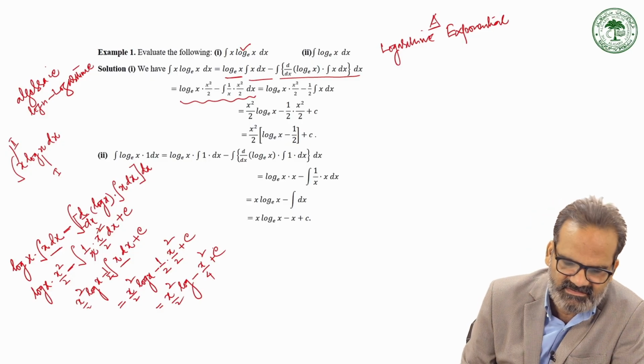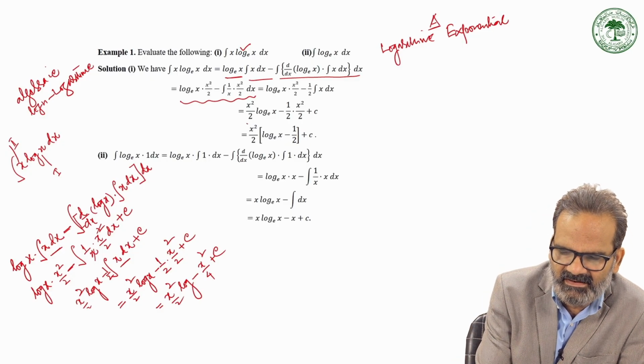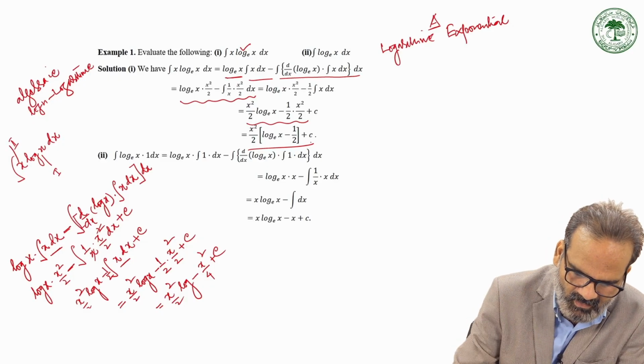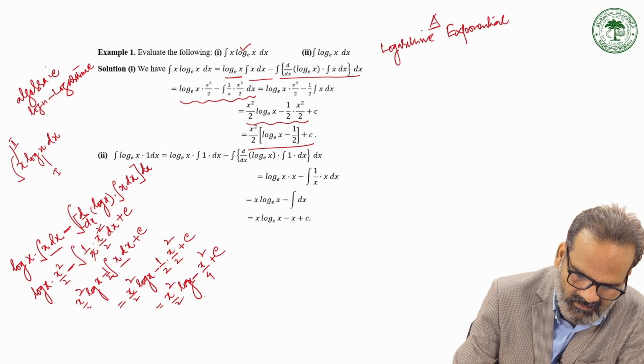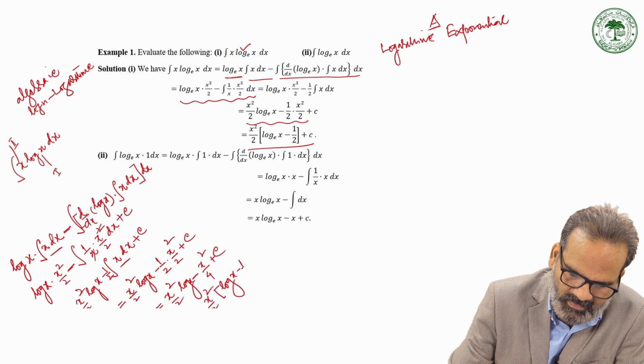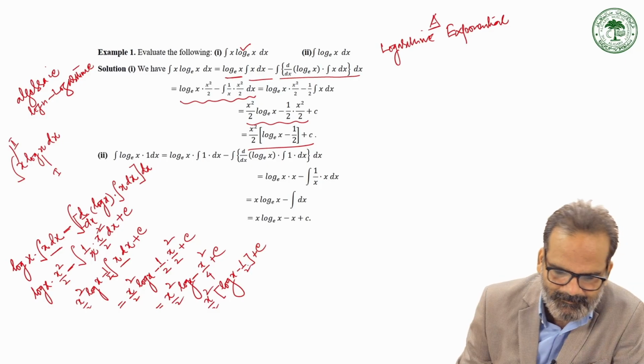This is the required integral, and finally you will get this line. Here we have taken x square by 2 common, so what you will get is log x minus 1 upon 2, and plus a constant c, right?